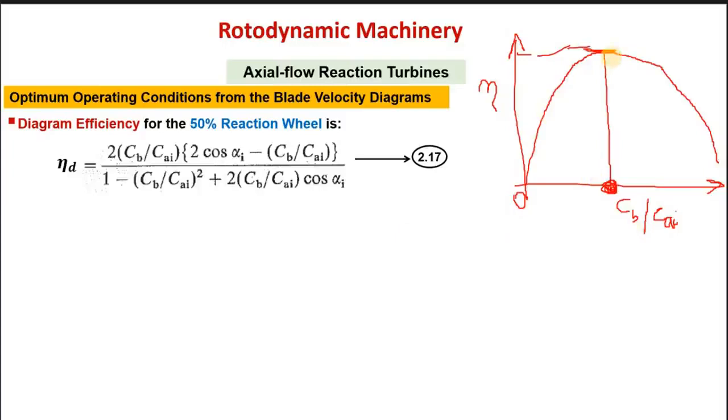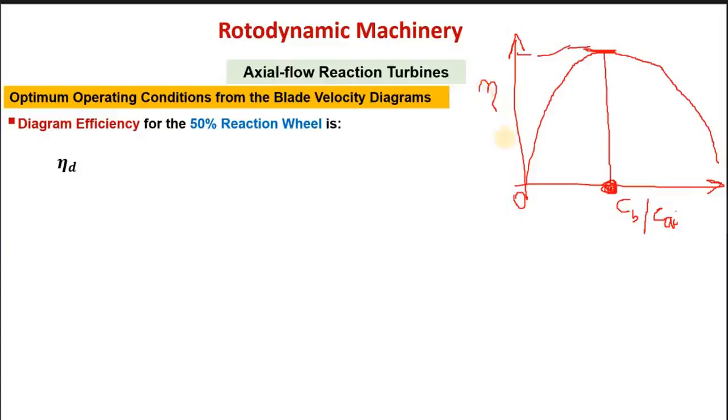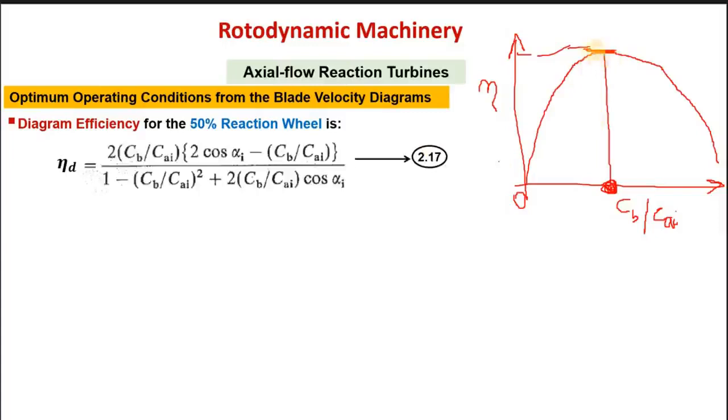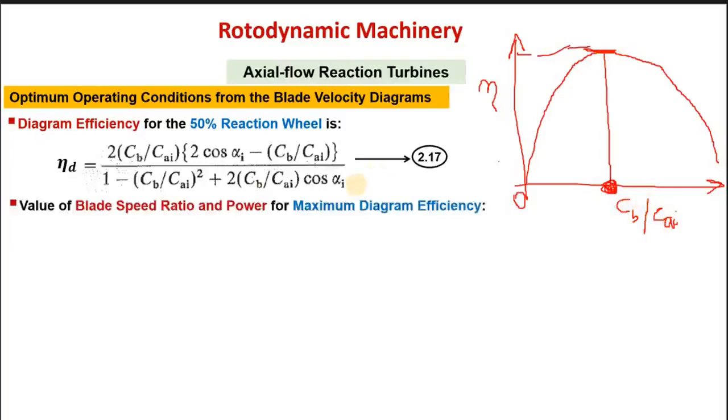At this point, the slope of this efficiency curve with respect to CB over CAI is 0. That means the differential of efficiency divided by the differential of CB over CAI is equal to 0.